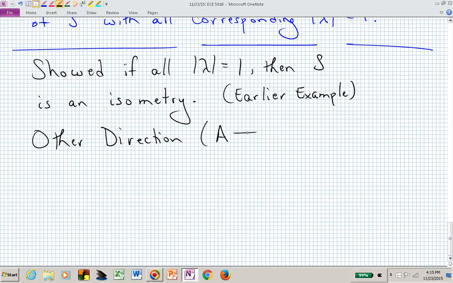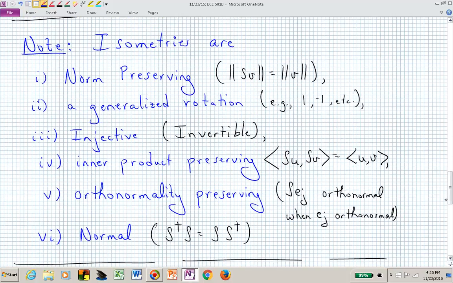If we view the first statement as A and the second statement as B, A implies B. Which now says, okay, let's assume A, and A was S is an isometry. If S is an isometry, then we have all of these characteristics, I through VI, six characteristics, and the one that we want to use right now is the last one.